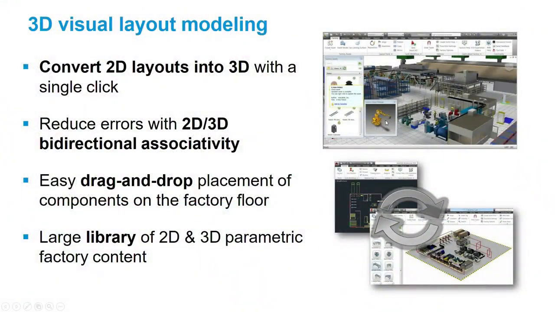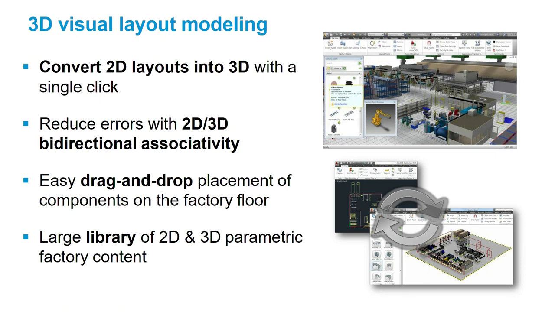As I will show you in a moment, with a single click, I can convert the 2D layout in 3D, and I can keep on working in 3D, where I can keep on adding assets, very easy to insert the assets and to place them. I can always keep in sync my 2D layout with all the changes that I do in 3D.